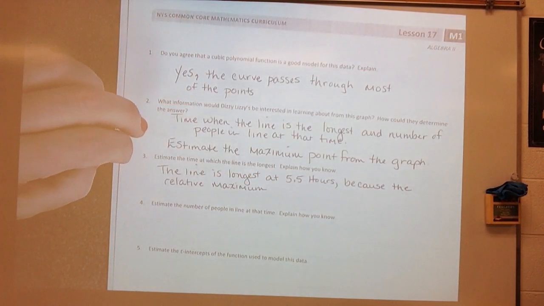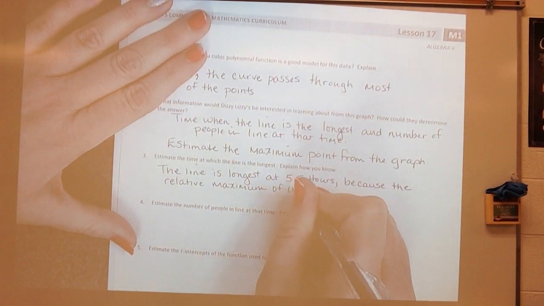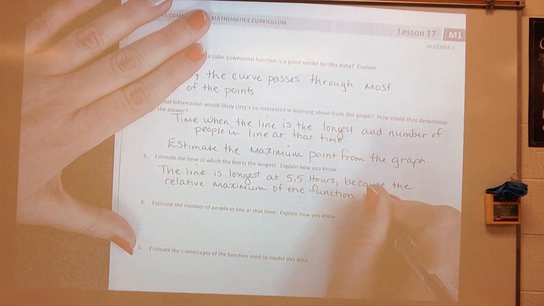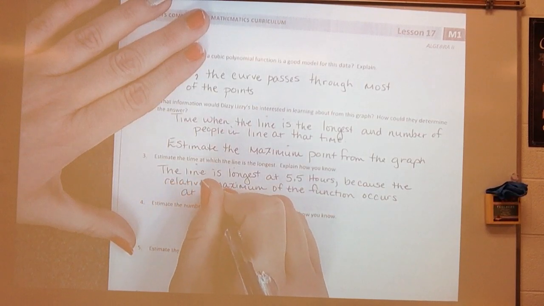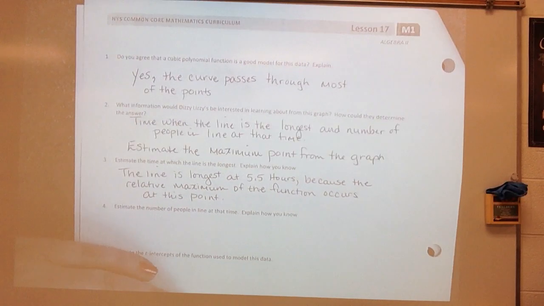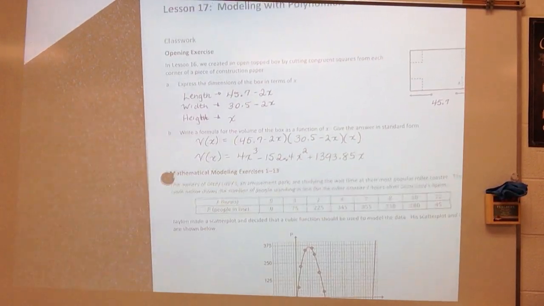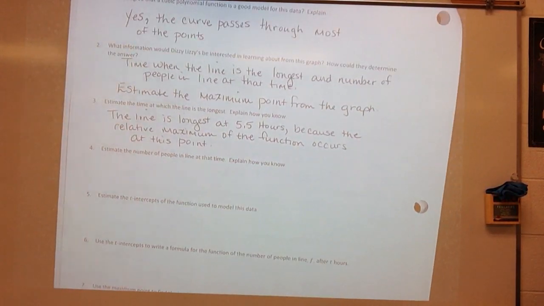Because the relative maximum of the function occurs at this point. I'm looking at that, that is the highest part. That is what we call the relative maximum of my function. Alright?